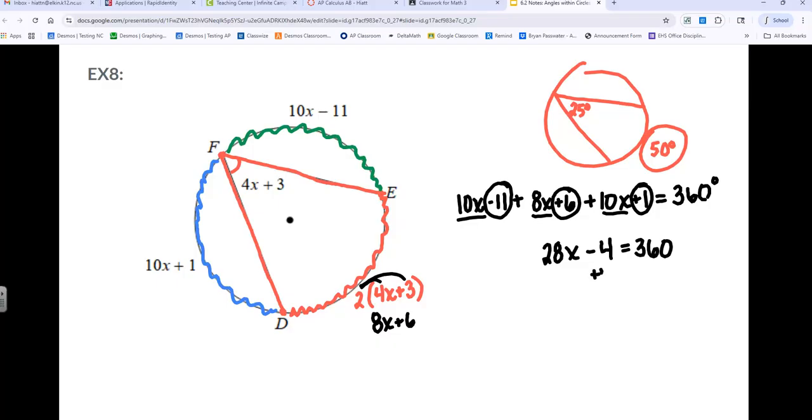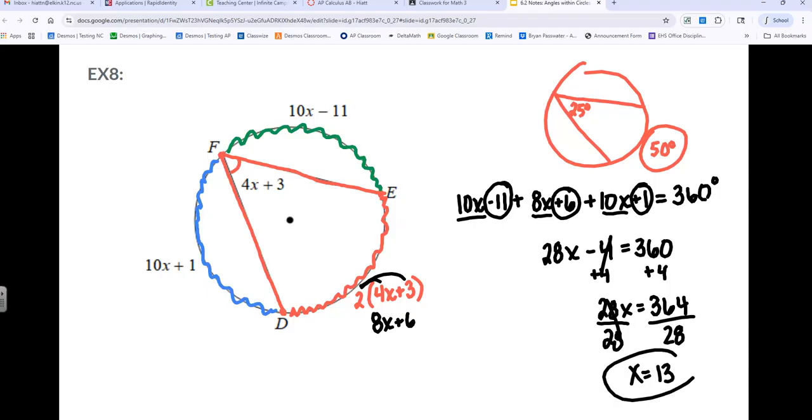We will add 4. So 28x is going to equal 364. We'll divide by 28. Okay, 13. There. I didn't put good directions on this problem. Let's assume it meant find x since it didn't tell us anything else.